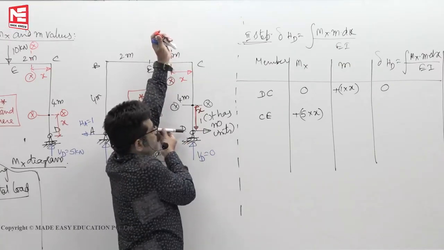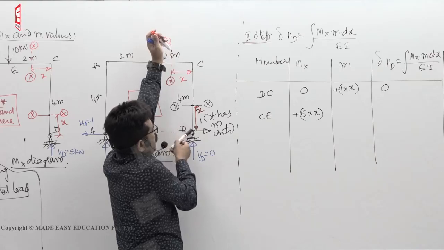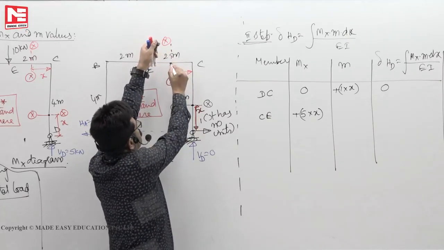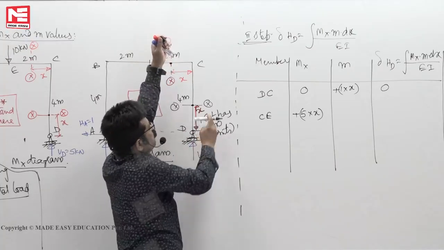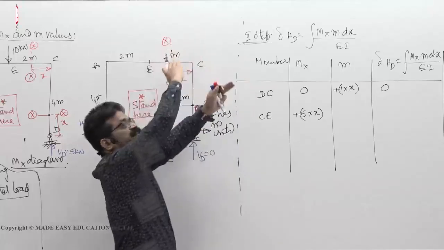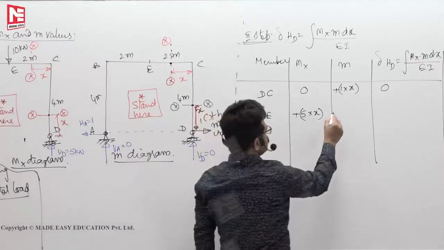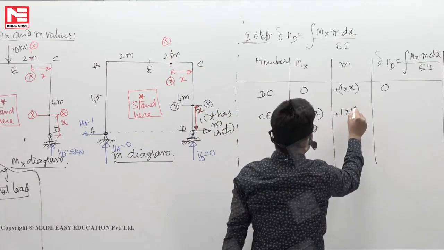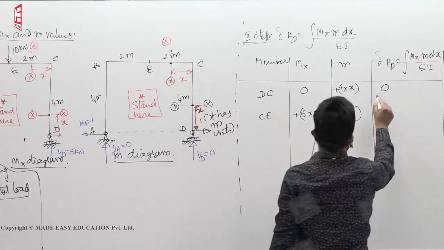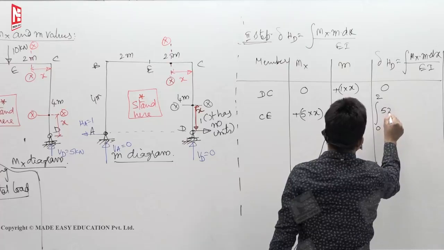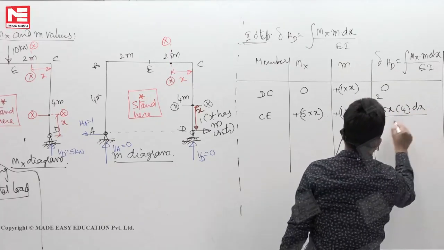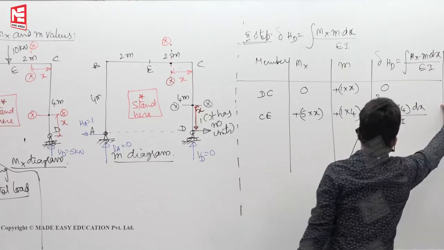VD is already 0, and 1 is there. Tail to the head towards the point, that point is here, the dot. So 1 into the perpendicular distance, which is 4. Section right side anti-clockwise, it will sag. So plus 1 into 4. The limits of integration are 0 to 2 meters only. Mx is 5x, m is 4, the integral of mx m dx by EI, with I as it is.